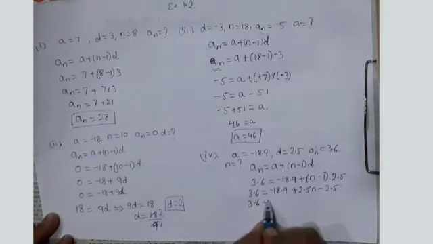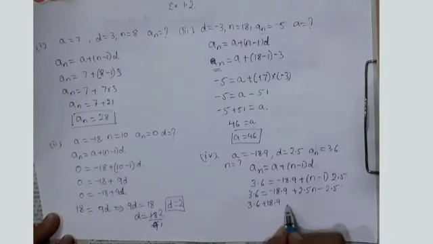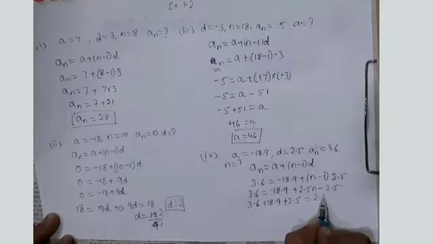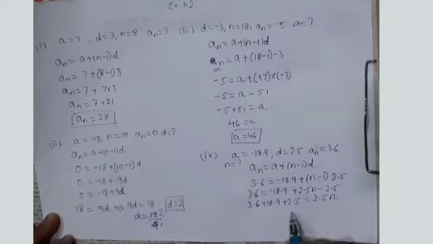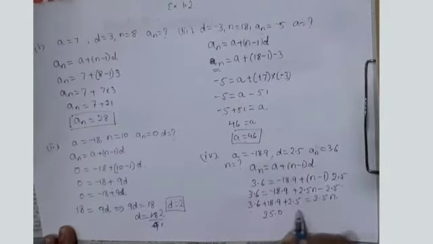Minus will now be plus 18.9. This minus, when it is transposed, will also be plus 2.5, which is equal to 2.5N. Now 3.6 plus 18.9 plus 2.5. The sum here is 25.0, which is equal to 2.5N.